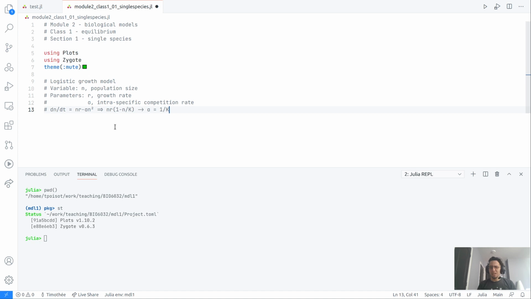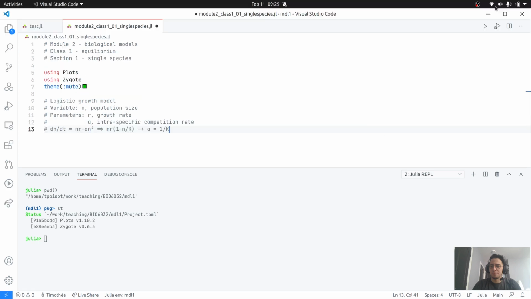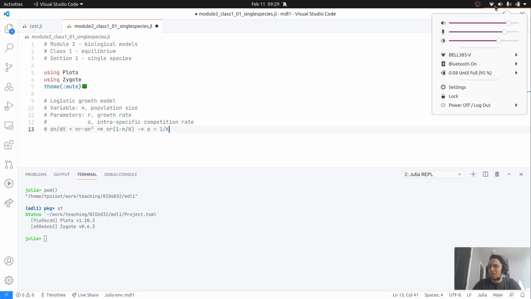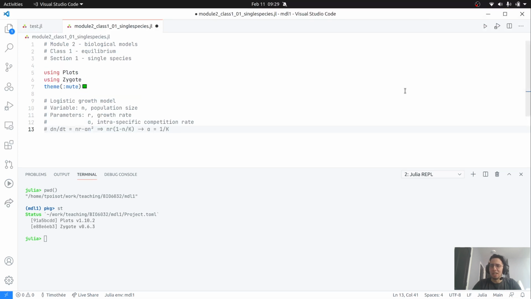Why are we expressing it this way and not in a way that is a function of n over time? It's because for most models, we do not know the expression of n over time.